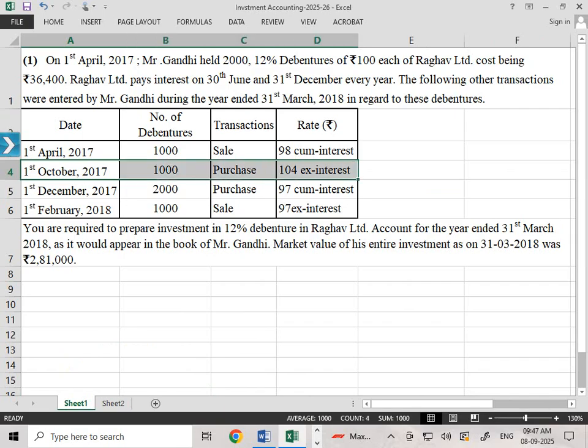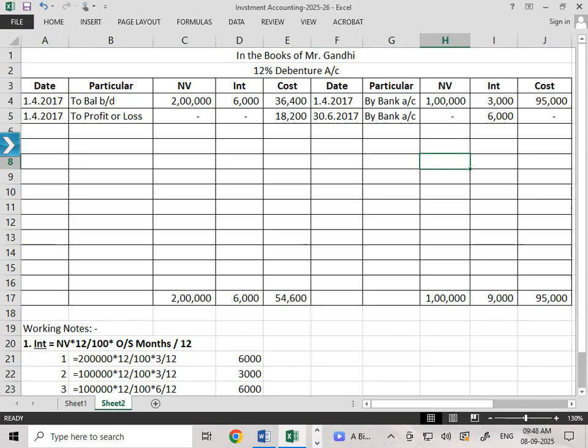What is that next transaction? On 1st October 2017, 1000 purchase at 100. No need to deduct what? Interest. Directly you can write in the cost column. So how many debentures? 1000 debentures on 1st October. So write down debit side 1st October 2017.